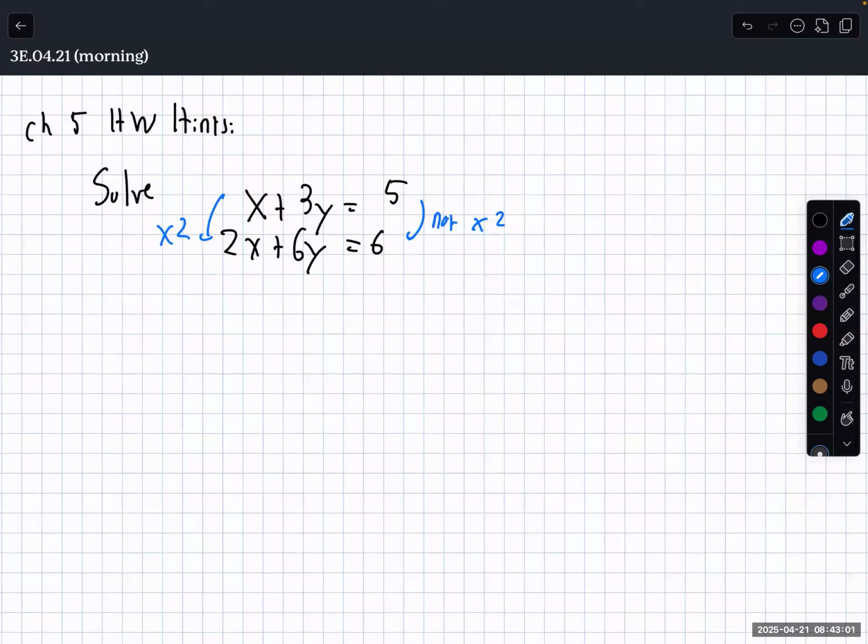The left side of the bottom is twice the left side of the top, but that's not the case for the right side. Okay, so we know there's no solution.